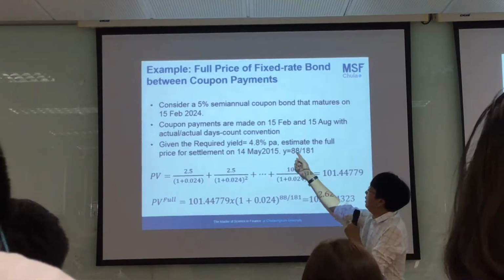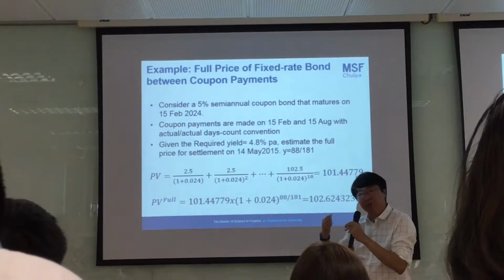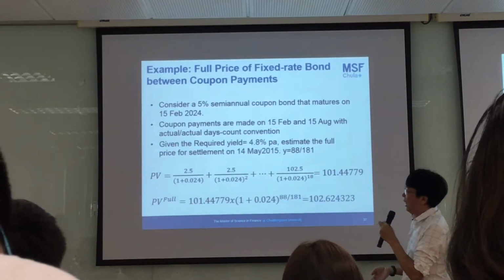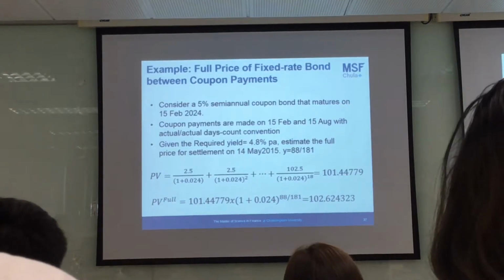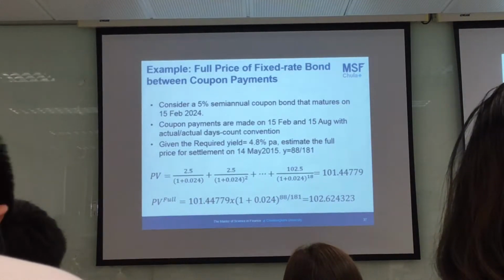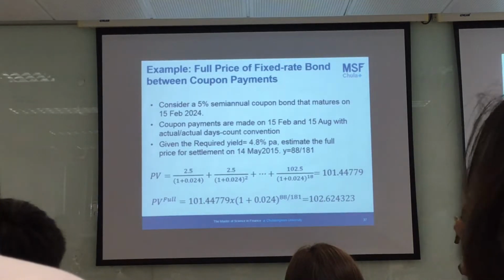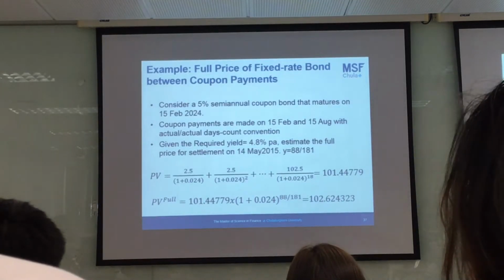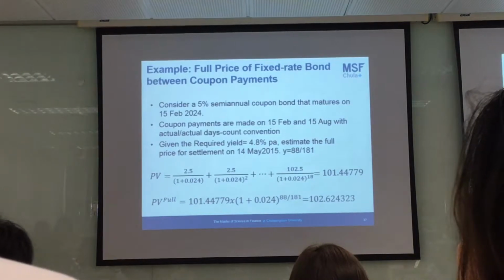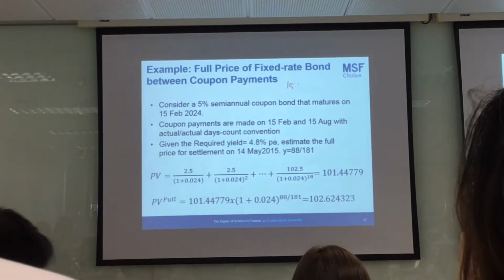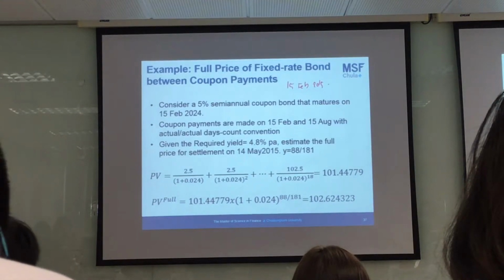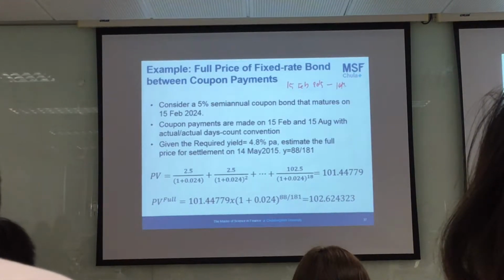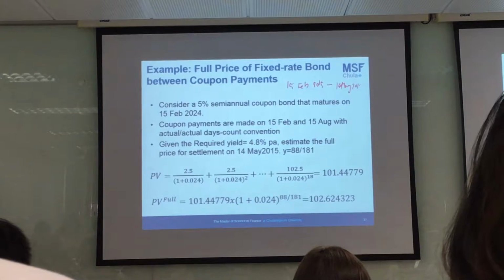So 88 days comes from counting the actual number of days from the last coupon payment, which is 15 February 2015, until 14 May 2015.